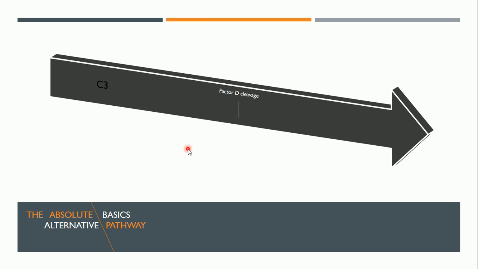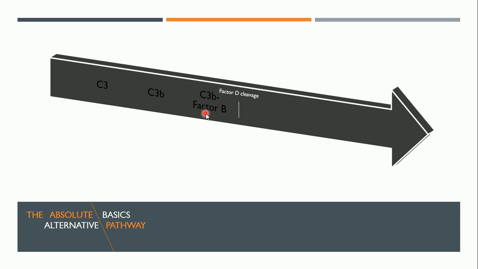C3 is going to be spontaneously degraded because that just happens over the course of time. So it's going to be spontaneously degraded into C3b and C3a. Okay? Now this C3b is going to bind to the cell surface, and factor B is going to bind to it.